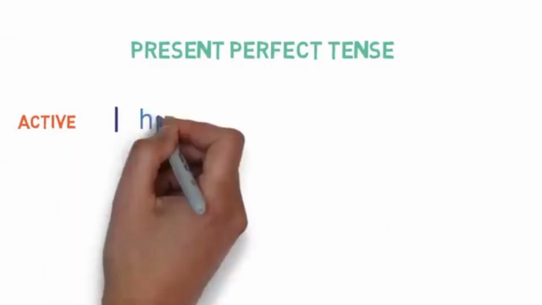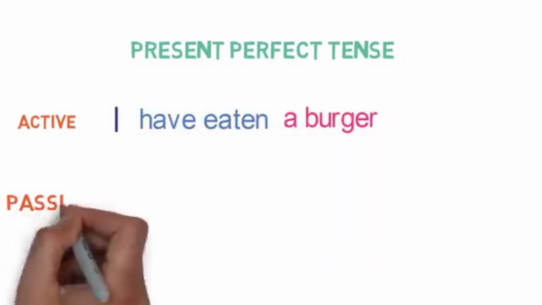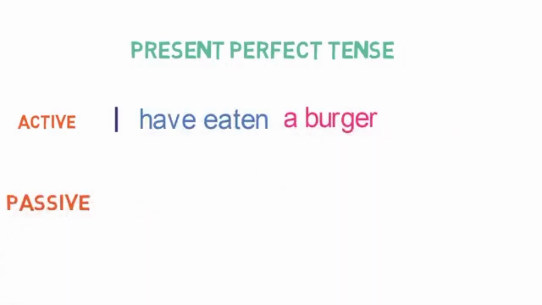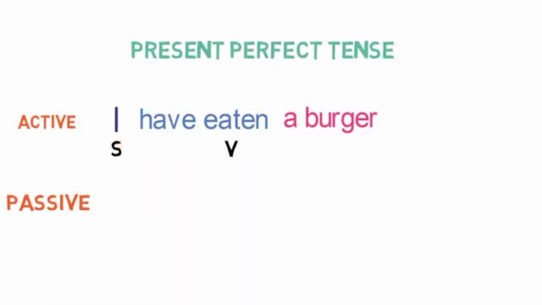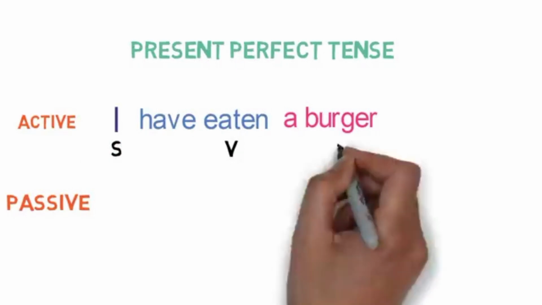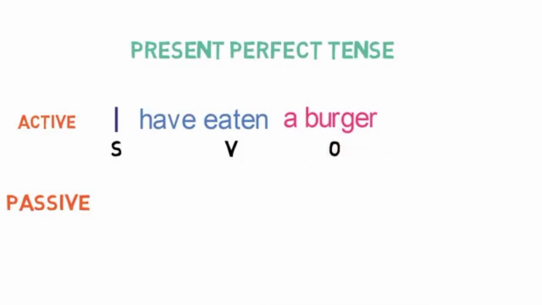Now let's see an example of present perfect tense. Active sentence. I have eaten a burger. Firstly, we need to identify SVO, that is subject, verb and object. So here I is the subject, eaten is the verb and a burger is the object. Now let's swap the position of object and subject.